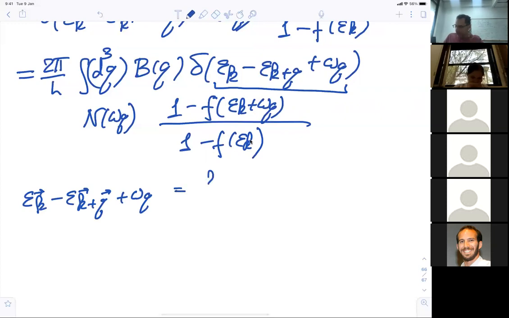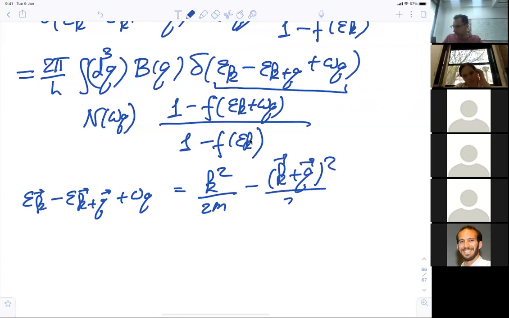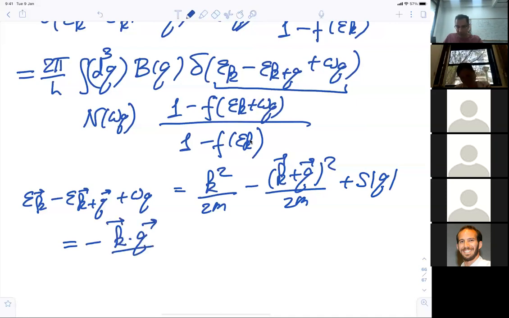So this is, in the model of effective mass, this guy minus (k plus q) squared over 2m plus s absolute value of q. This is equal to minus k times q over m plus q squared over 2m plus sq.